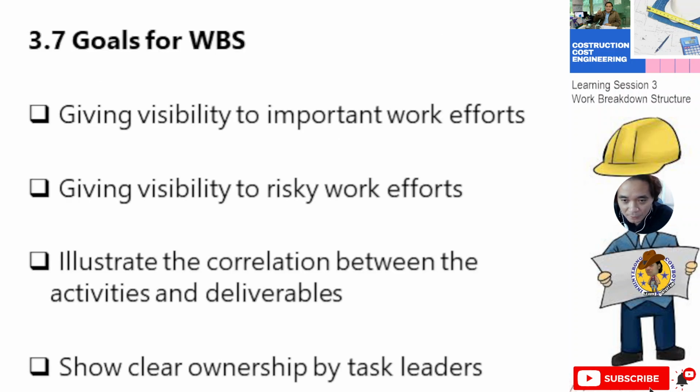Then these are the goals for the work breakdown structure. Okay. So number 1, giving visibility to important work efforts. Then number 2, giving visibility to risky work efforts, meaning you can see what are the important and the risky activities that you need to focus on.